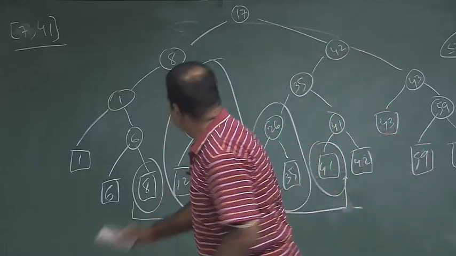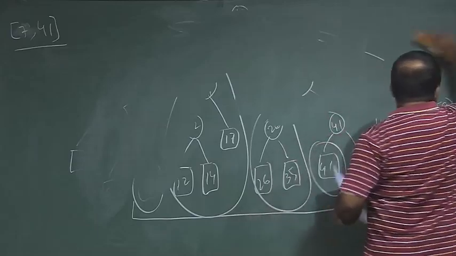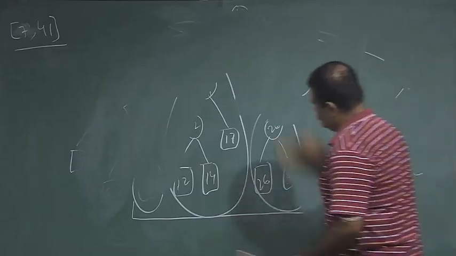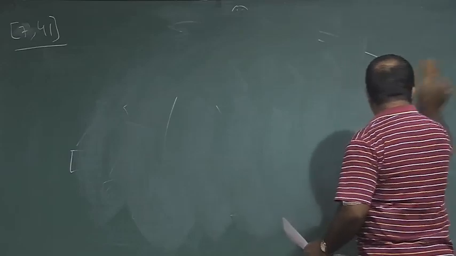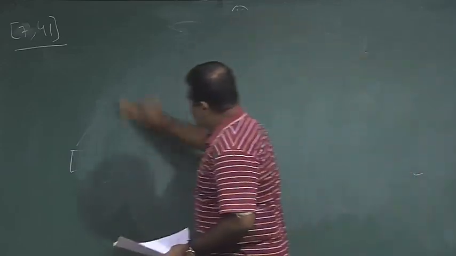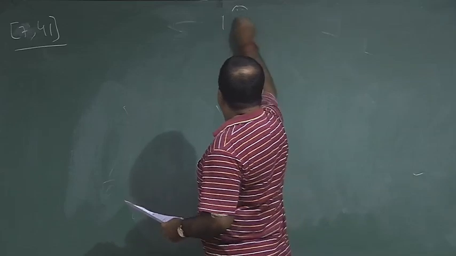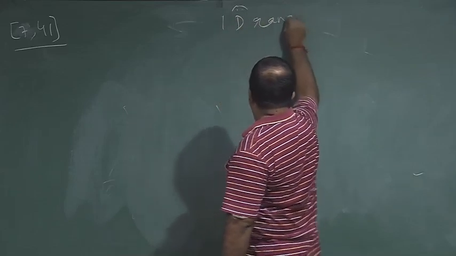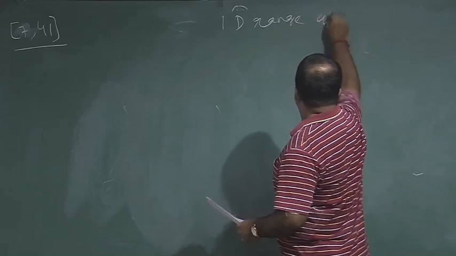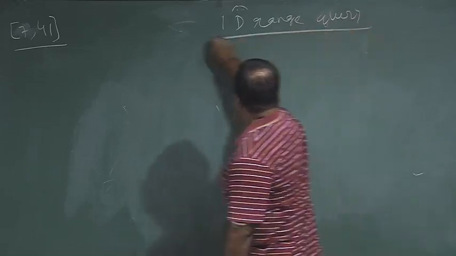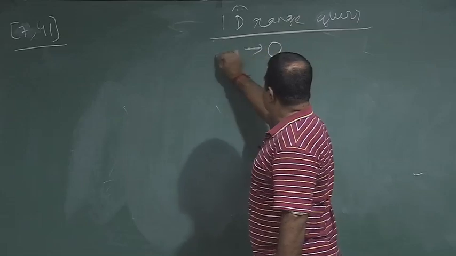Let us draw what we are doing. Basically the 1D range query: we want to get those subtrees. What are we doing? We are starting with the root.